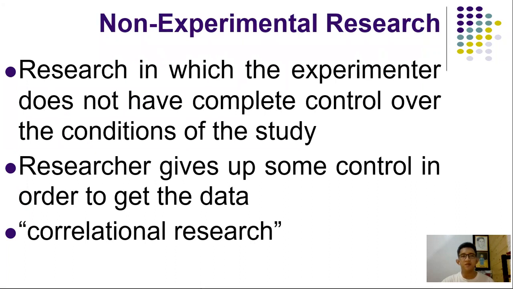For the non-experimental research, the experimenter does not have complete control over the conditions of the study. Researchers give up some control in order to get the data, which means that the research is correlational. Examples of non-experimental research.